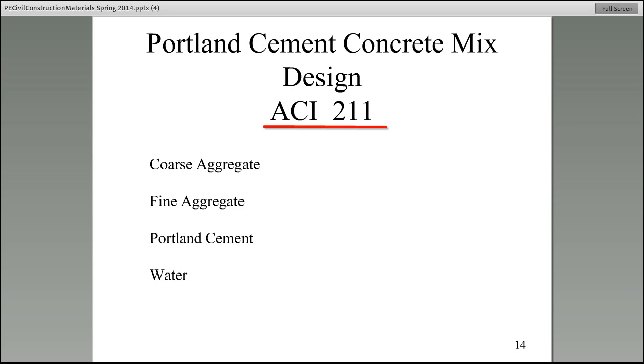Concrete actually is a material that's made out of four main ingredients. Those ingredients are what we call coarse aggregate. This could be crushed rock of some kind, limestone or some other type of aggregate. Then fine aggregate, which is sand. And then Portland cement and water. But think about it, coarse aggregate and fine aggregate, well, this is a bunch of rocks that we put together.